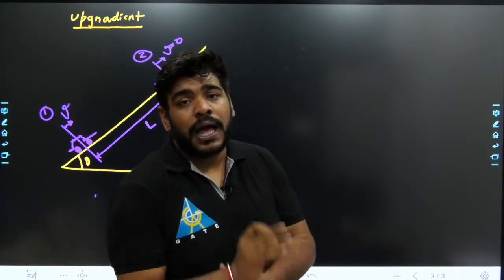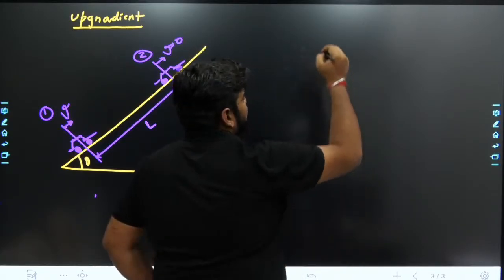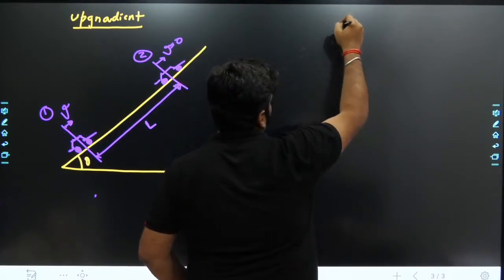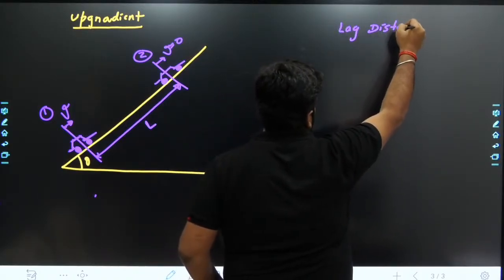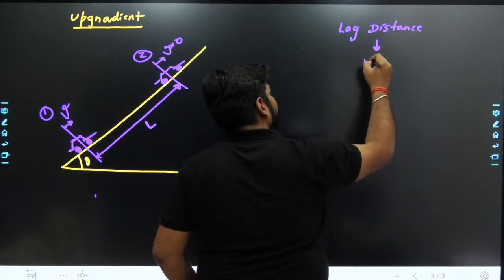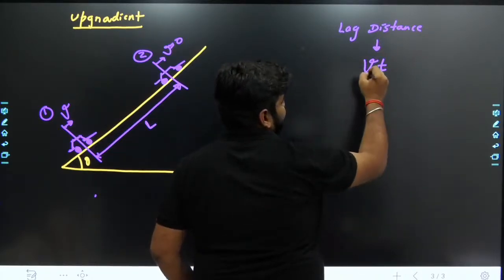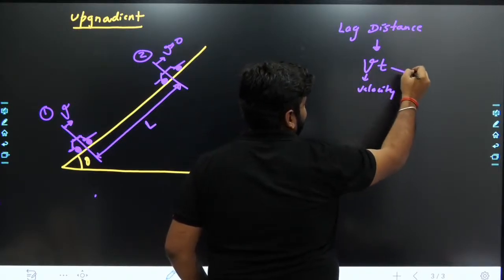The reason is that if you see the expression for the lag distance, it is v multiplied by t. Here v is the velocity, and t is the reaction time.